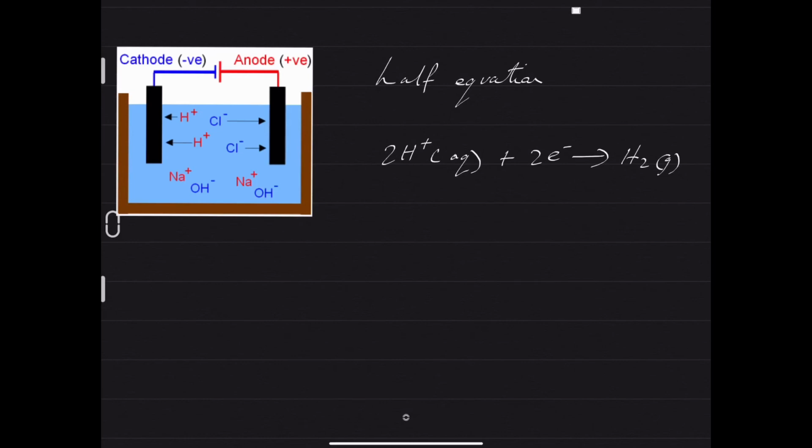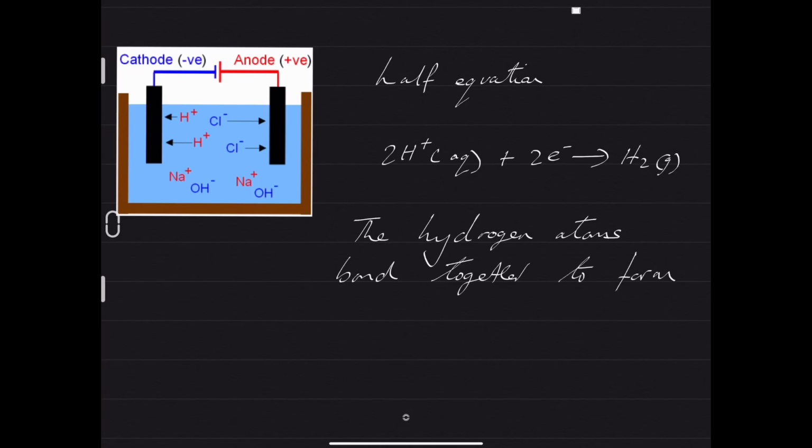But the hydrogen ions are gaining their electrons and they are becoming atoms. And the hydrogen atoms bond together to form H2 gas.